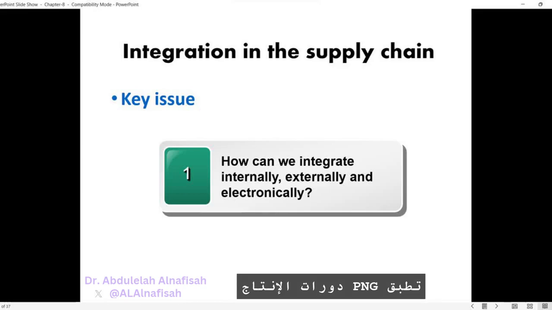P&G implements daily production cycles to align manufacturing with demand, ensuring responsiveness to customer needs. 2. Real-time communication with suppliers. Long-term relationships and integrated systems enable seamless communication, enhancing coordination and visibility across the supply chain.